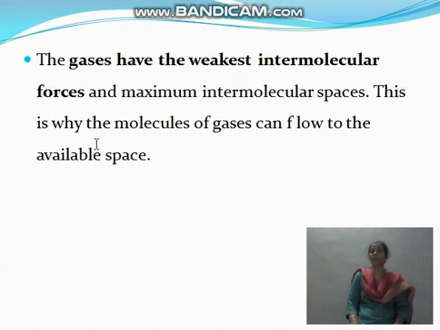Now comparing to gases. Gases have the weakest intermolecular force and maximum intermolecular space. That means the particles are very far apart. This is why the molecules of gases can float into the available space. We know that we breathe air, which is a gas.